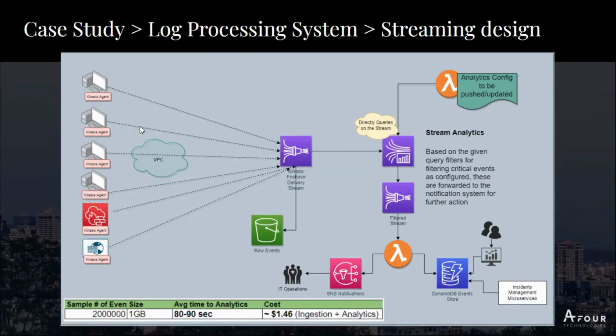The average time from which the event has started from the source till it reaches this particular analytics is close to 80 to 90 seconds. And the cost for such ingestion for close to 1 GB is approximately $1.4. So this is for ingestion as well as analytics, right? So this is about this streaming design.